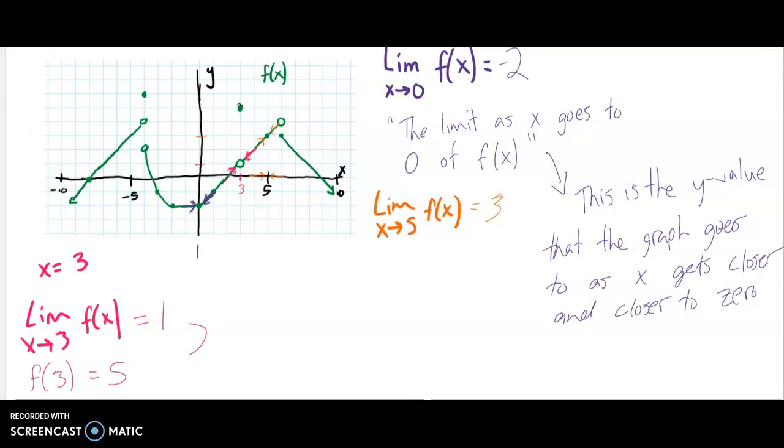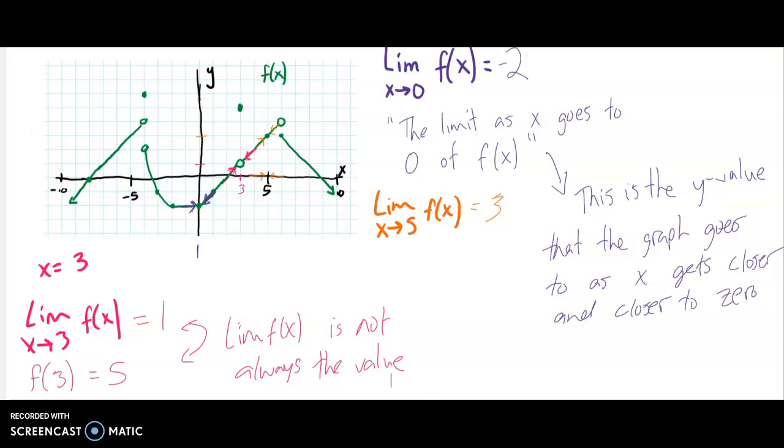What I want you to see here is that the limit of f of x is not always the value at f of x, right? So the limit as x goes to 3 is 1, but the value at x equals 3 is 5. I hope that makes sense.